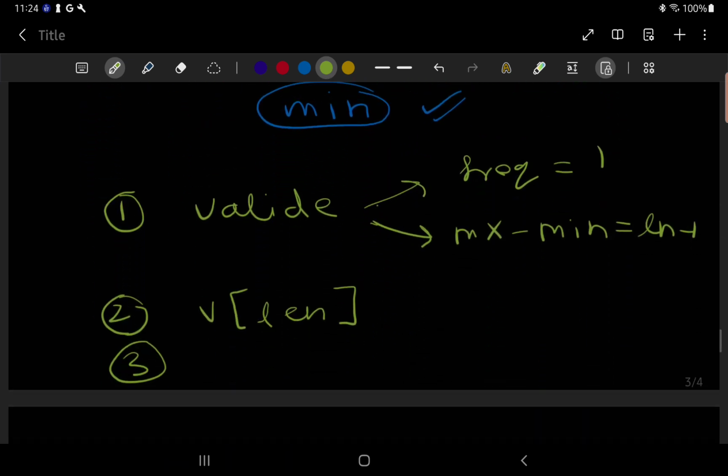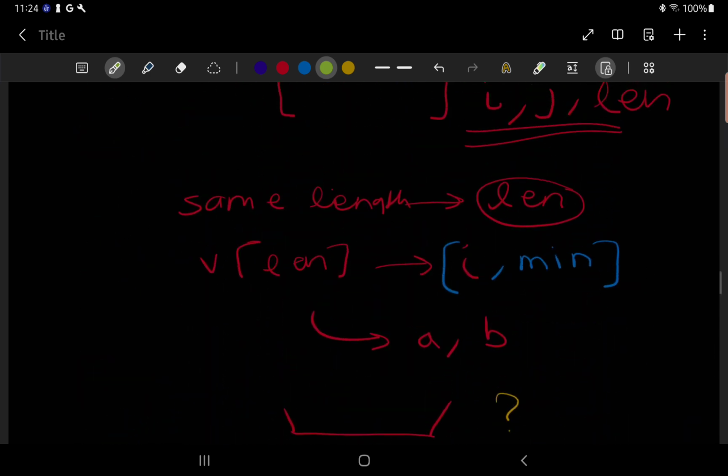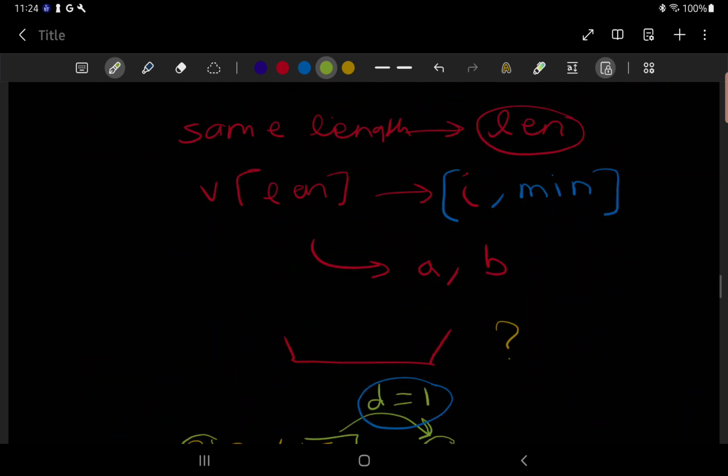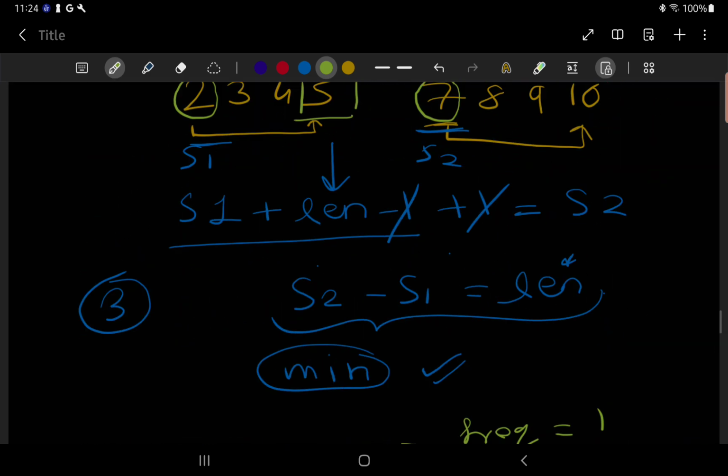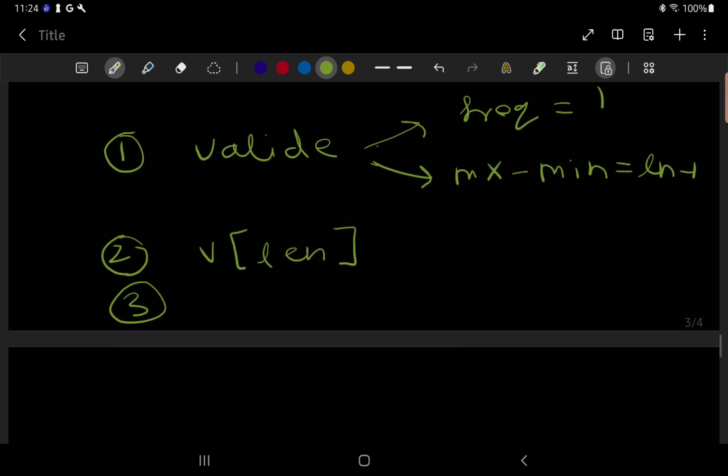Oh, I forgot to mention one thing, just a second. Yeah, I forgot to mention that you are storing indexes because you need to check if those particular indexes are overlapping or not. So if you store the indexes as I1 and I2, basically both of them should have at least length of gap, or they would be overlapping.